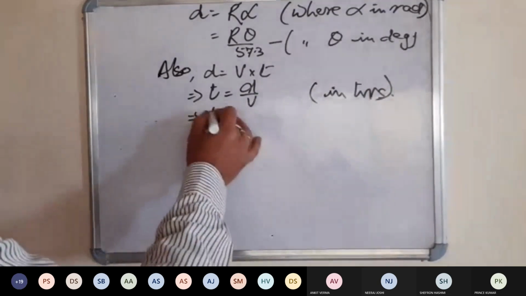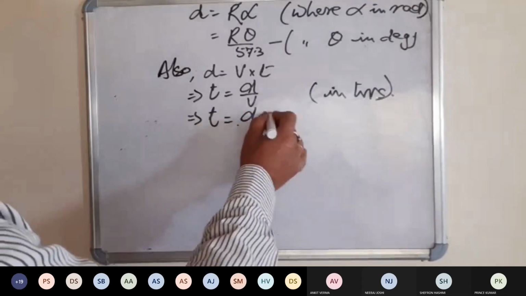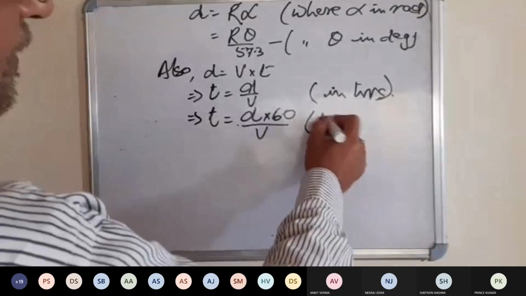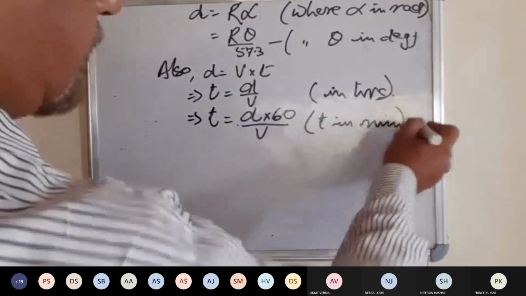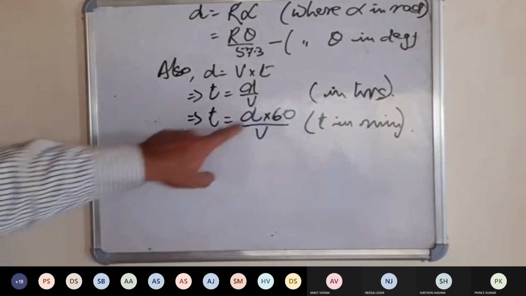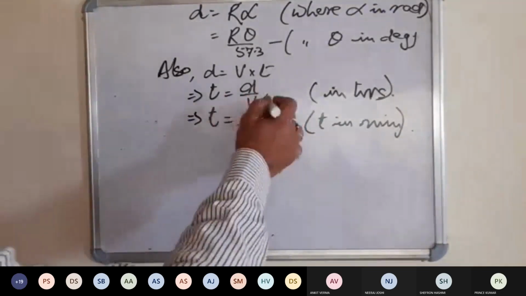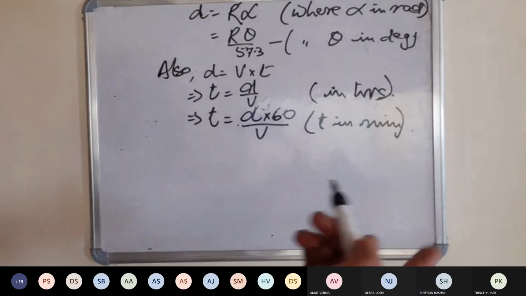This T is equal to D into 60 divided by V. That is T in minutes. Is it okay? हमने इसको 60 से डिवाइड कर दिया, तो 60 वाला ऊपर चला गया. Is it okay? ओके सर। All right.